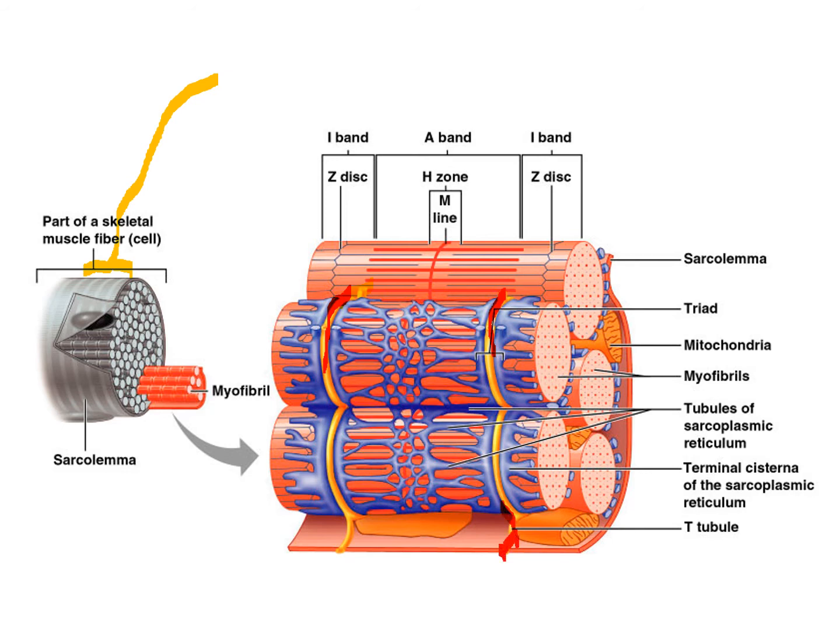So a depolarizing signal will spread from a motor end plate and go down, and will have an effect on the sarcoplasmic reticulum, this blue structure that is a storage site for calcium. The effect is the release of calcium into the sarcoplasm so that calcium can interact with the contractile filaments of the muscle.